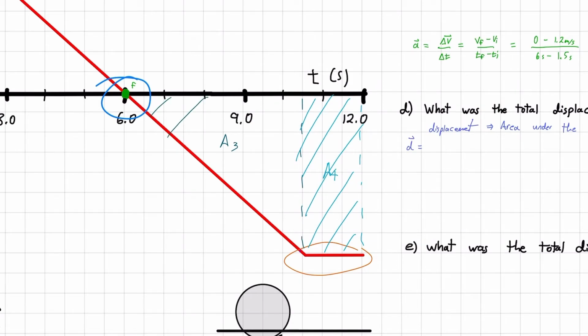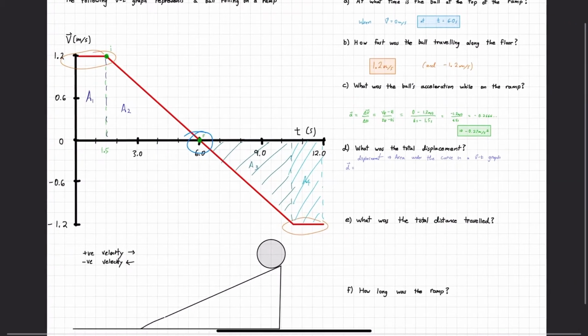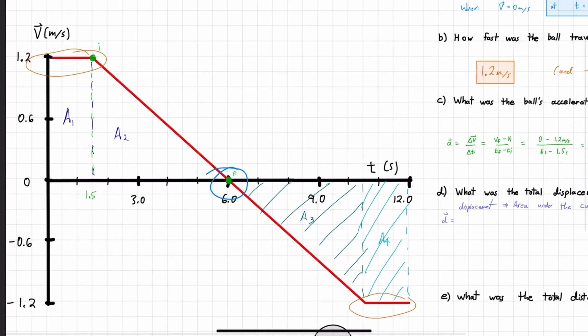So we've got 4 shapes here that we're going to be calculating the area of. And you will see these areas are going to come in handy for a lot of questions.